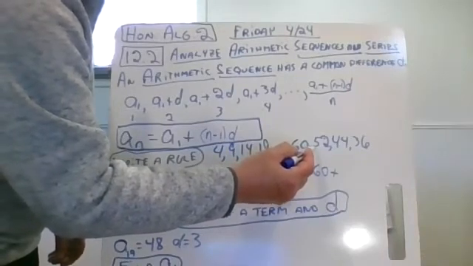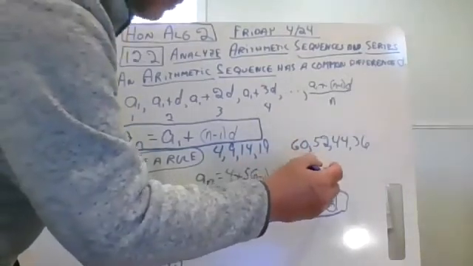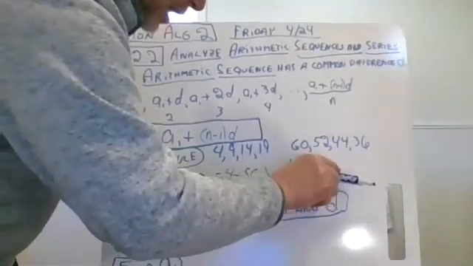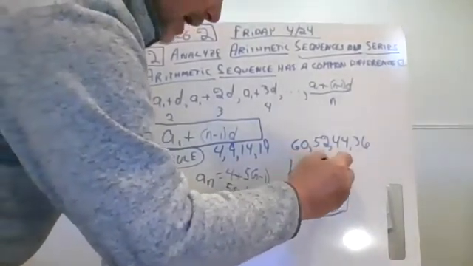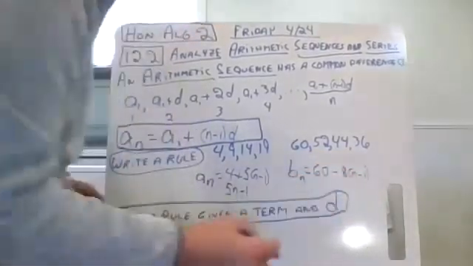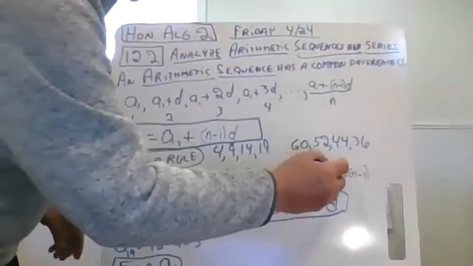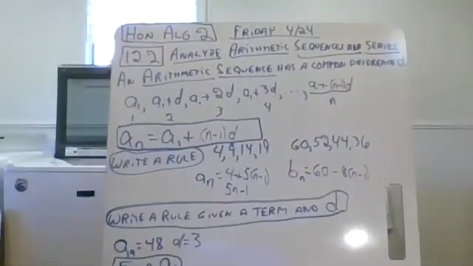Not 8. Negative 8. So it's 60 plus, so we'll say instead of plus, it's minus 8 times n minus 1. And so you get minus 8n plus 68 if you simplify that.